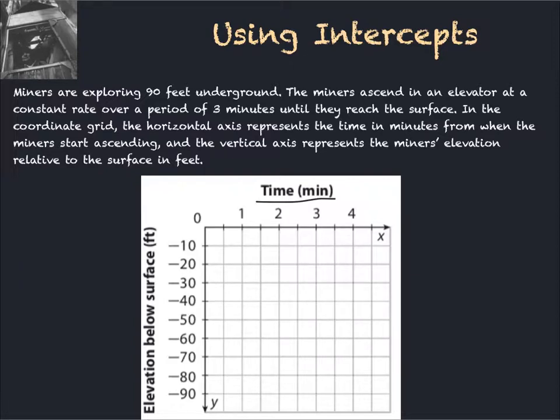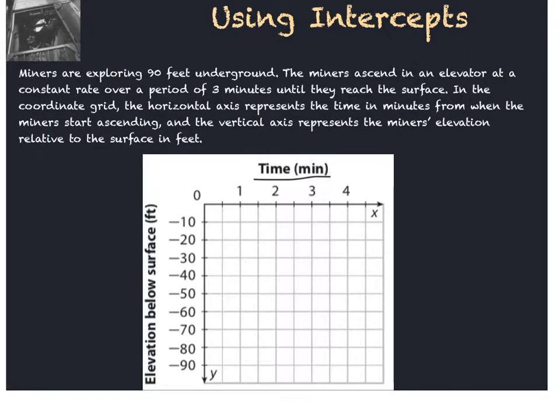Time is going to be 0, and their elevation is going to be 90 feet underground, so it would be negative 90, which is this point right here. Then it asked to plot the point, I just did that, and also to write the ordered pair. So for part A, the ordered pair would be 0, negative 90.